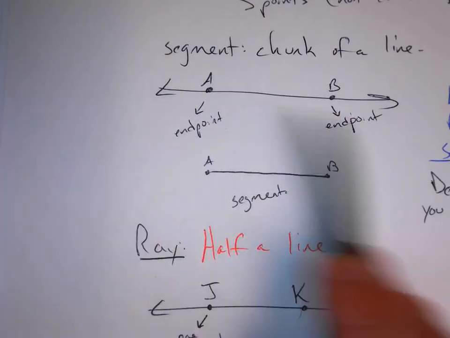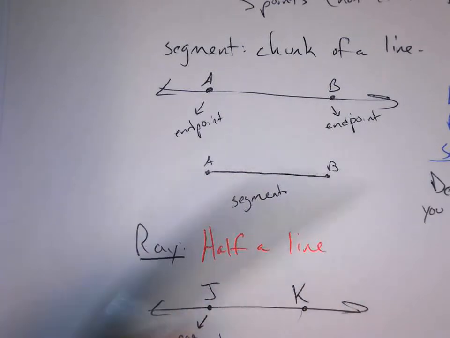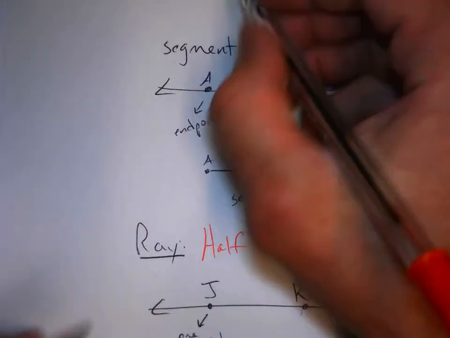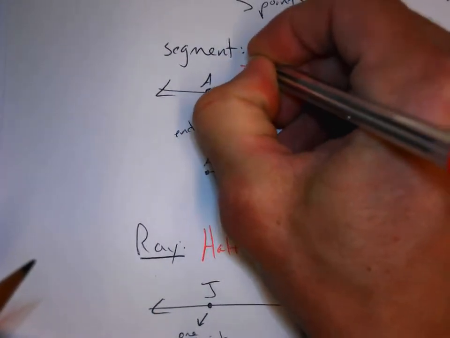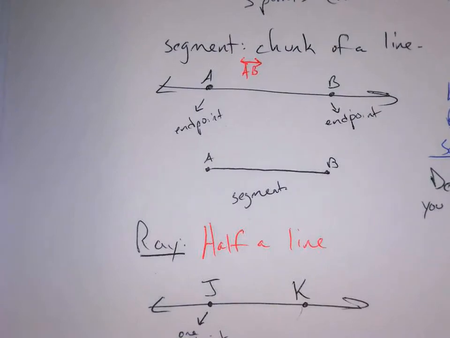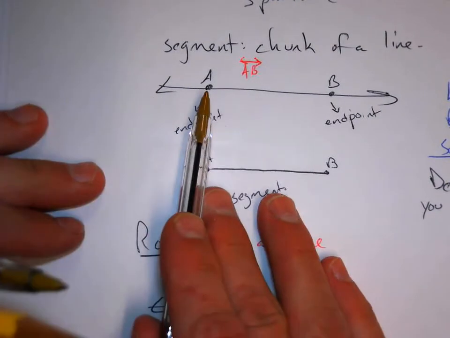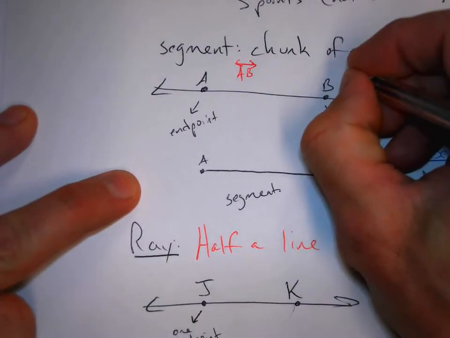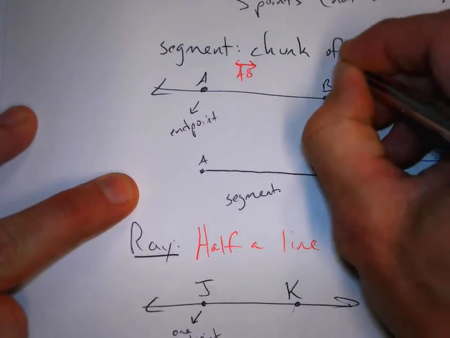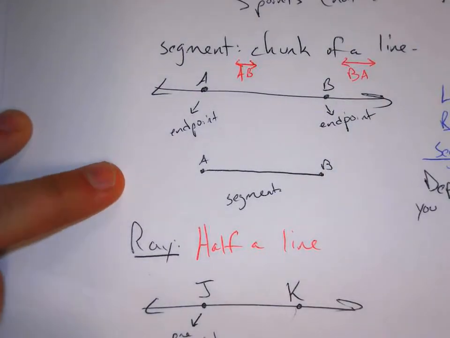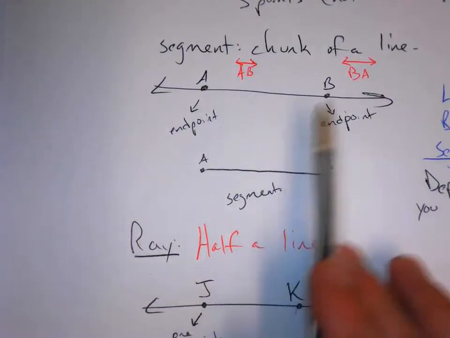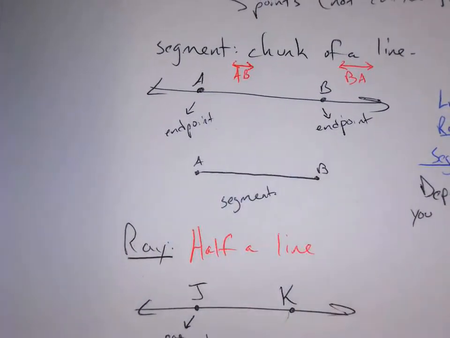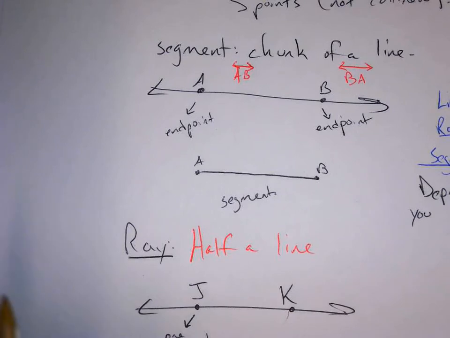We had A, B. So if you're reading it from left to right, then that line would be called line AB. That is a correct name. But that's only if you're reading it from left to right. If you read it from right to left, that line can be called BA. Okay? But that's only if you're reading it from right to left. If you read it from left to right and call it BA, you're not correct. I won't know because I don't know what you were thinking when you said BA.